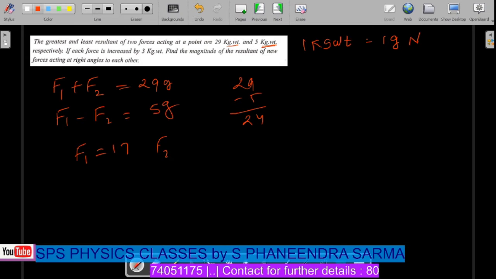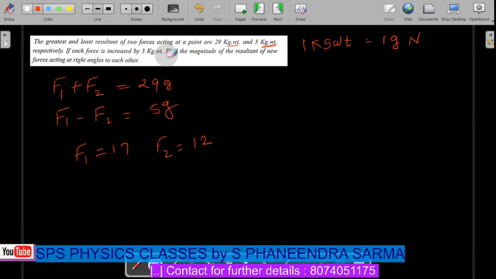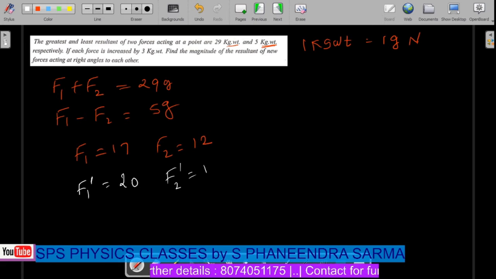That means F2 is equal to 12. Now each force is increased by 3 kg weight, given. Upon increasing, we have F1 dash equal to 17 plus 3, that is 20, and F2 dash is 15.